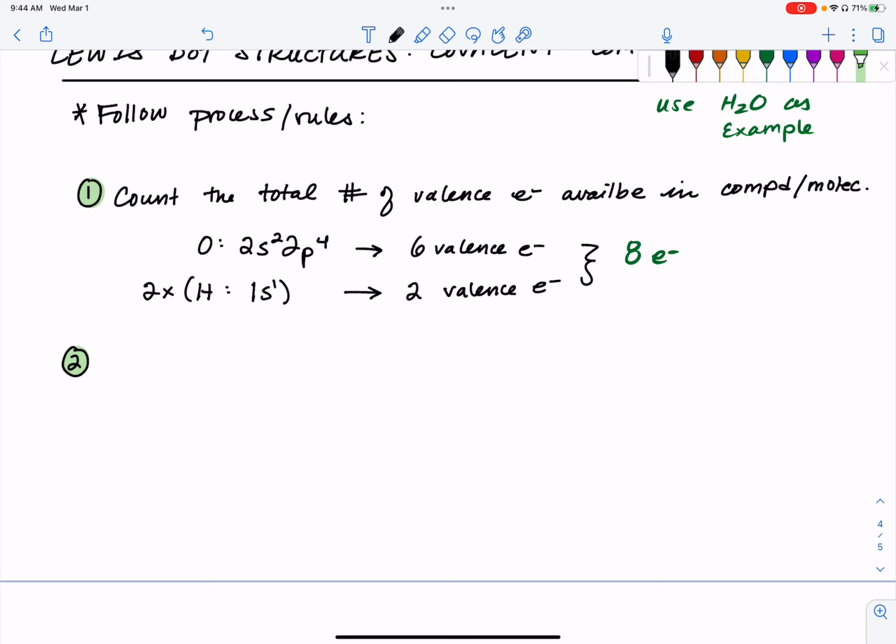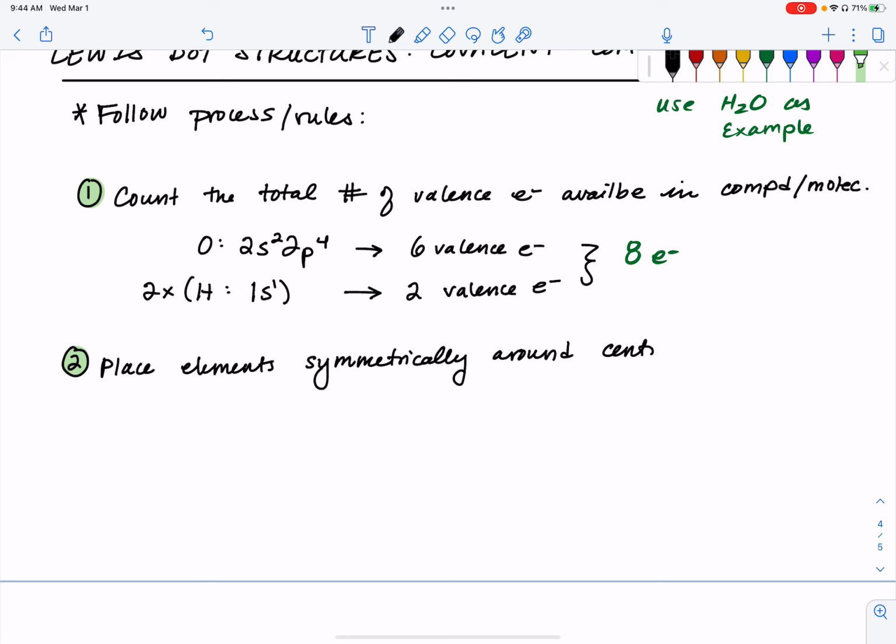The next step is to place elements symmetrically around a central atom, where the central atom is typically the atom written first, unless that thing is hydrogen.